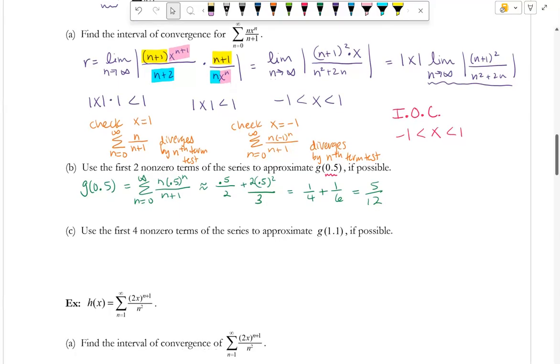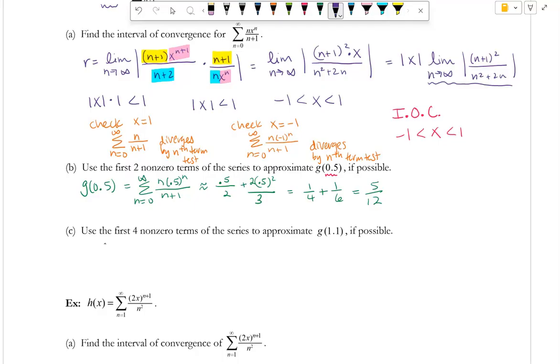All right, in part C, we're asked to use the first four non-zero terms of the series to approximate g of 1.1 if possible. However, notice that 1.1 is not in our interval of convergence. So we cannot use our series for this approximation. For 1.1, the series and the function will not agree.